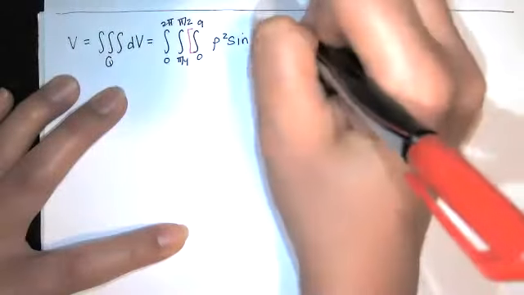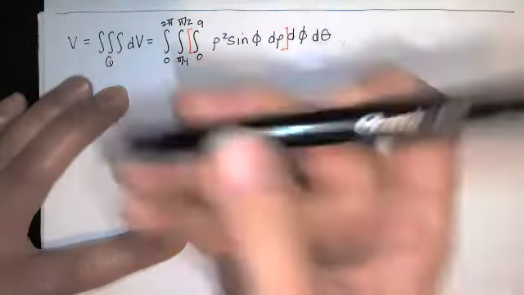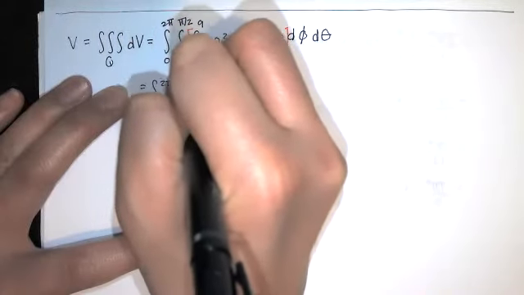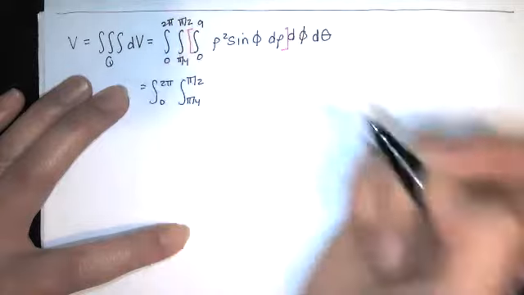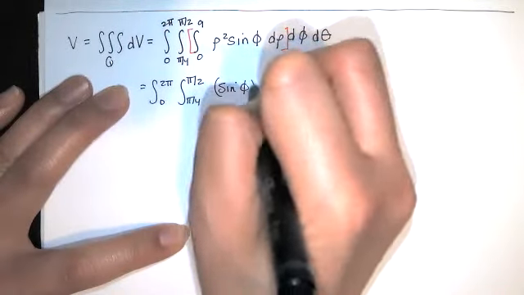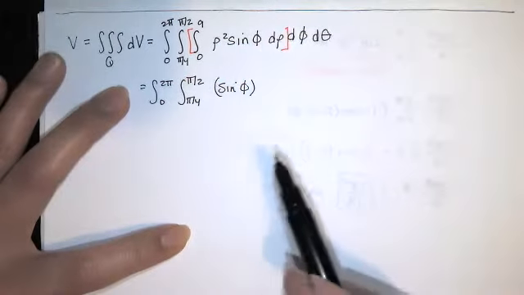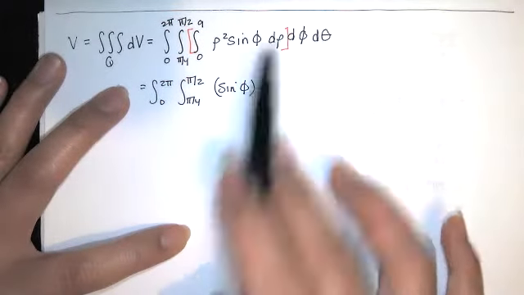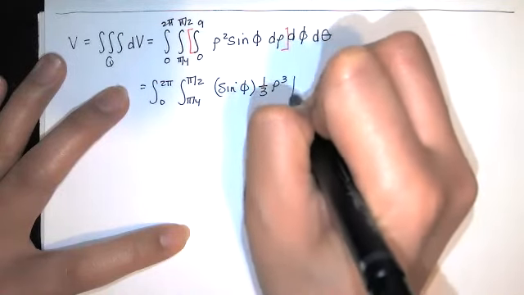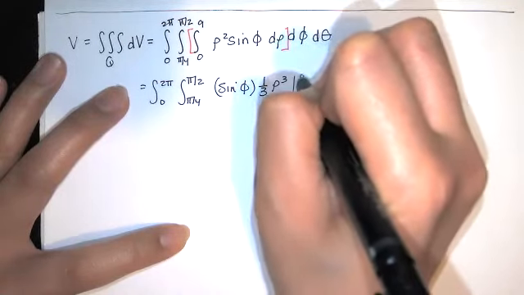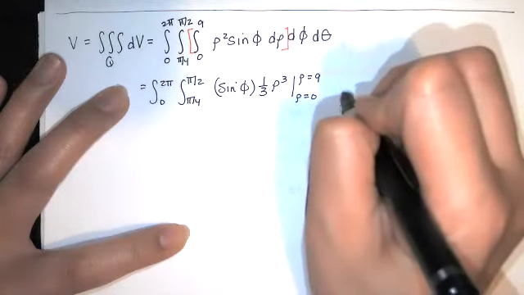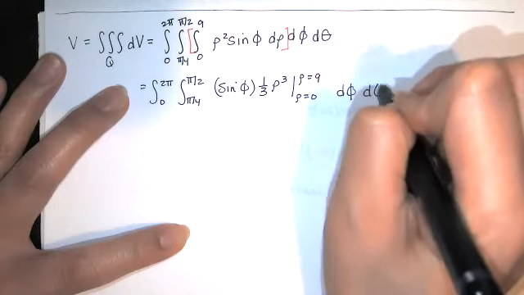So we'll do this one first. Integrate from 0 to 2 pi, integrate from pi over 4 to pi over 2. And phi is constant, so we can factor out that sine of phi for right now. And we anti-differentiate with respect to rho first. Add 1 to the exponent, divide by the new exponent. Evaluate from rho equals 0 to rho equals 9. And then we subtract.